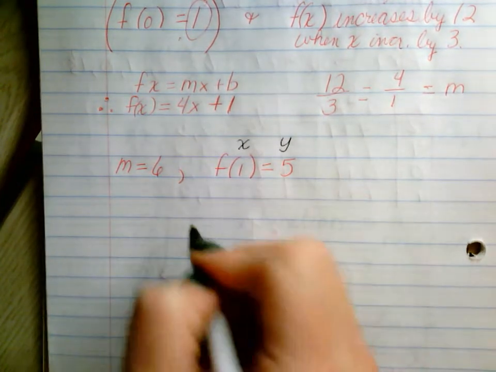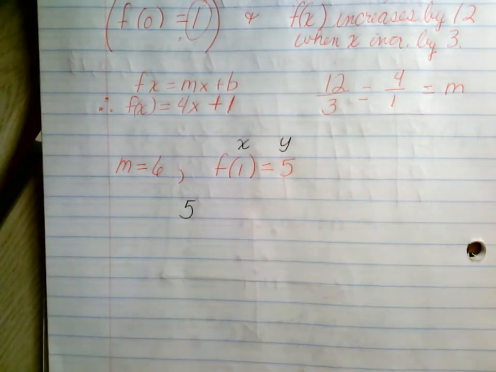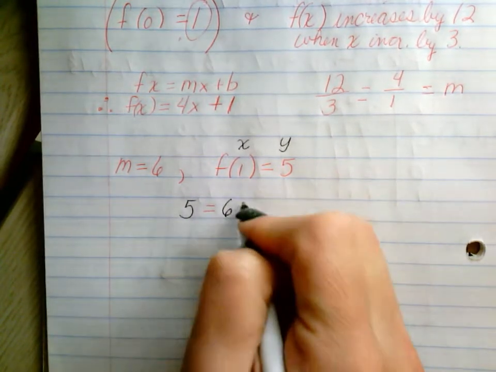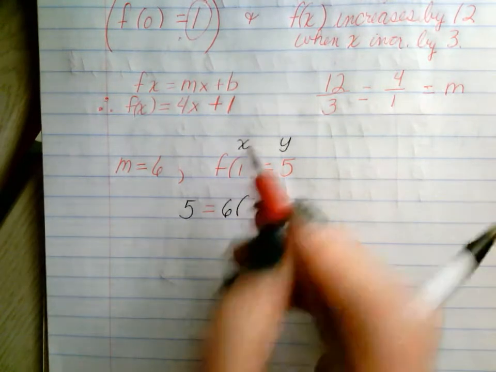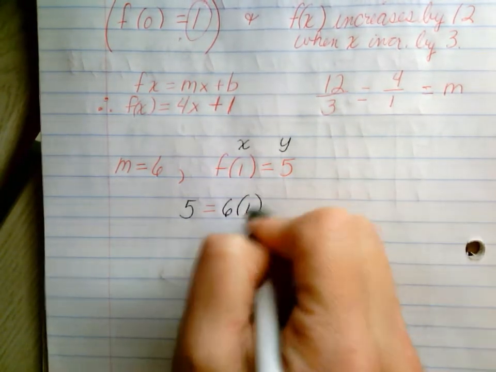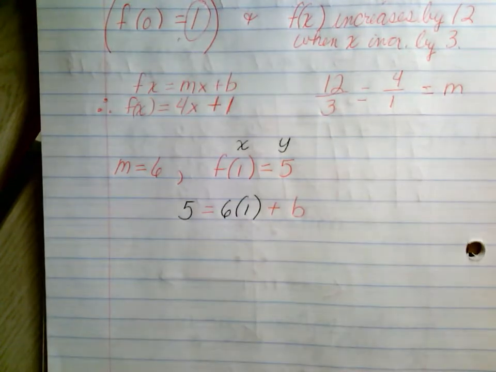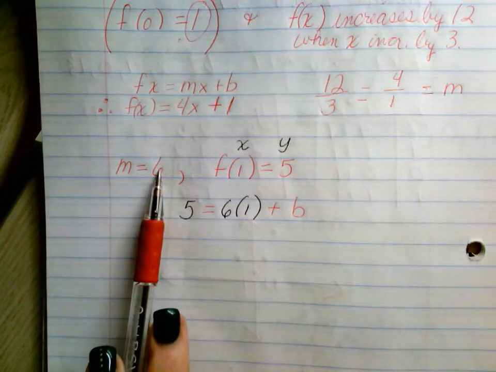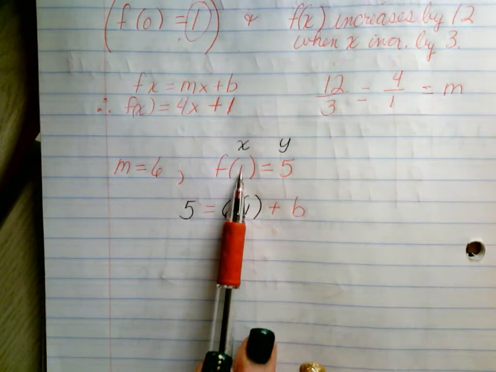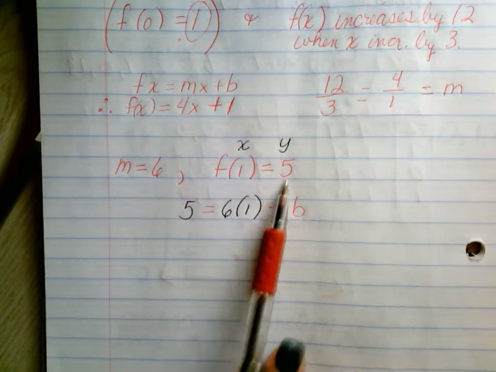So my output is equal to my slope times my input plus b, right? There's my m value, this is input, this is output.